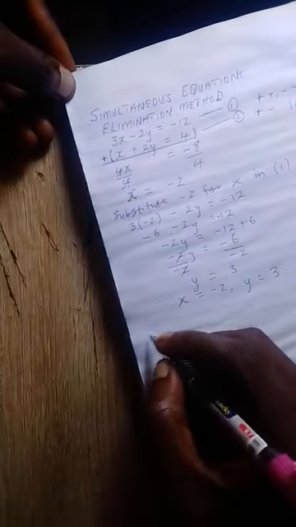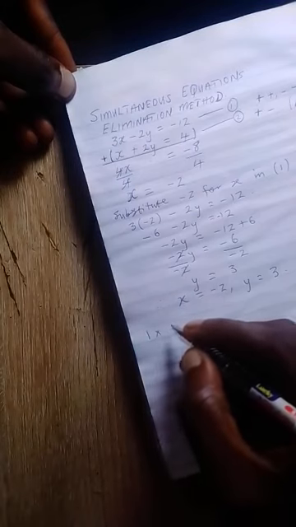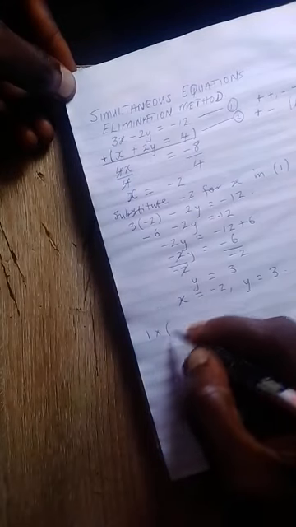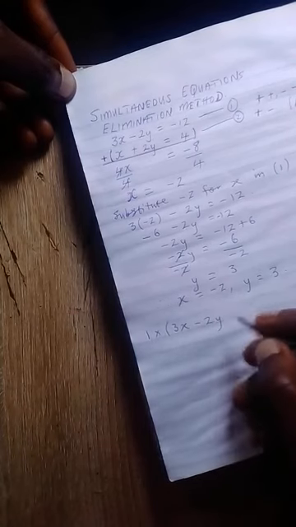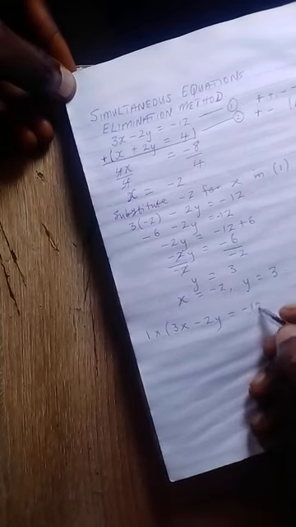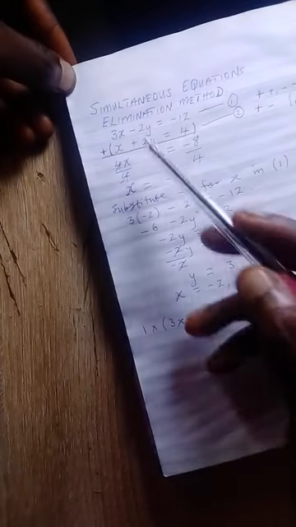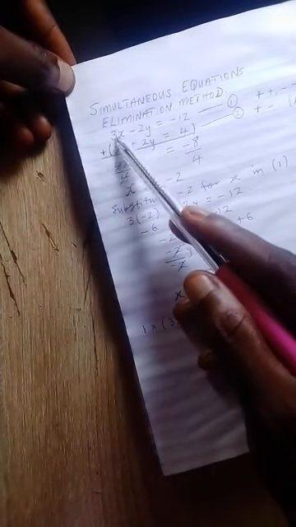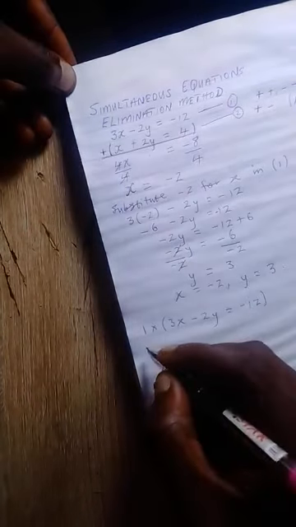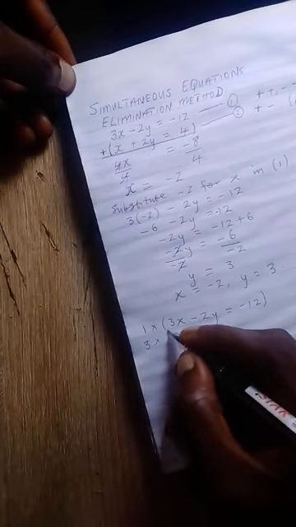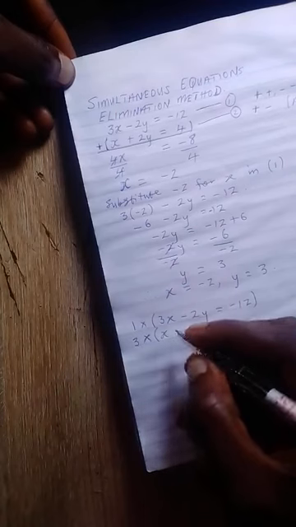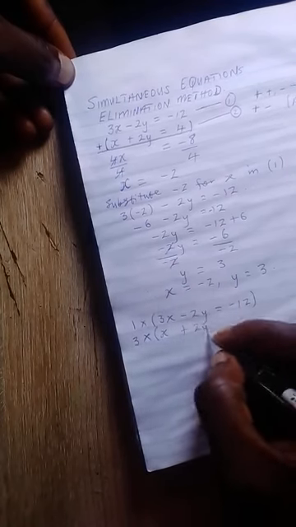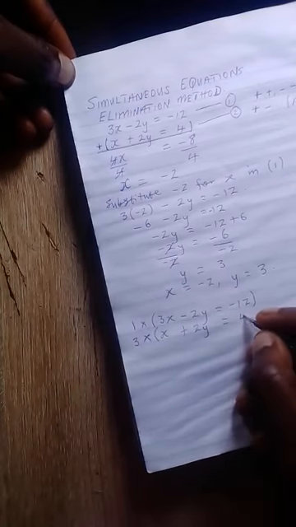The coefficient of x in equation 2 is 1, so it will be 1 times 3x minus 2y equals minus 12. Then you multiply equation 2 by the coefficient of x in equation 1. You have 3 times bracket x plus 2y equals 4.